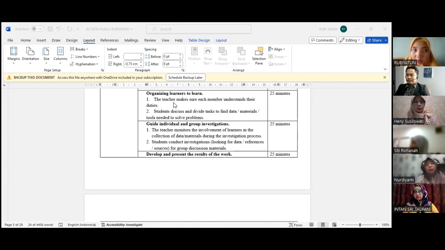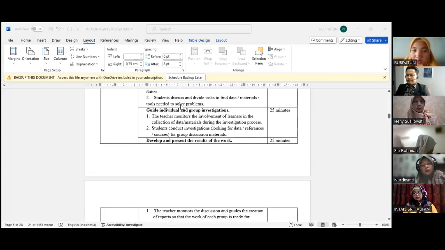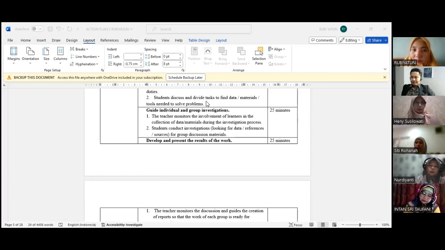The students try to solve the problem in their group by discussing. Miss Nurdianti, the steps continue.